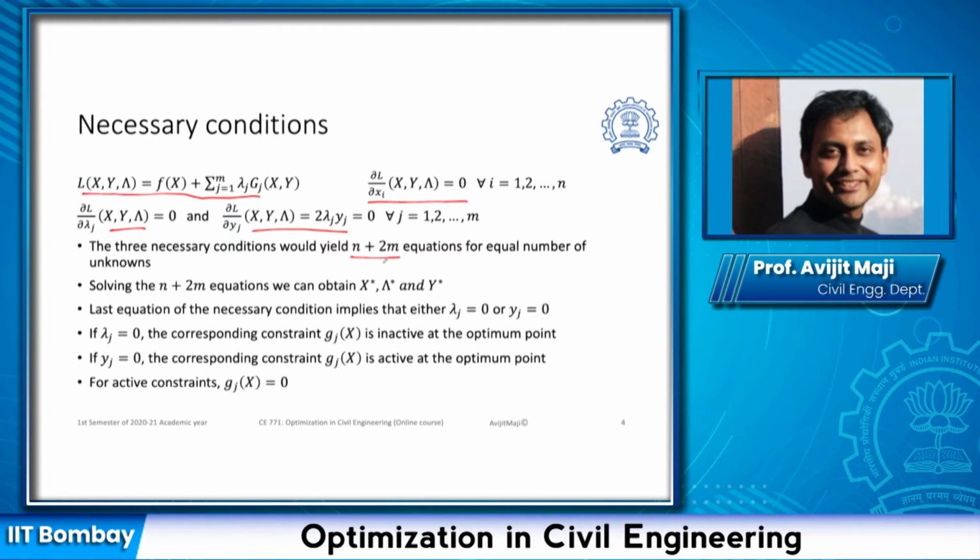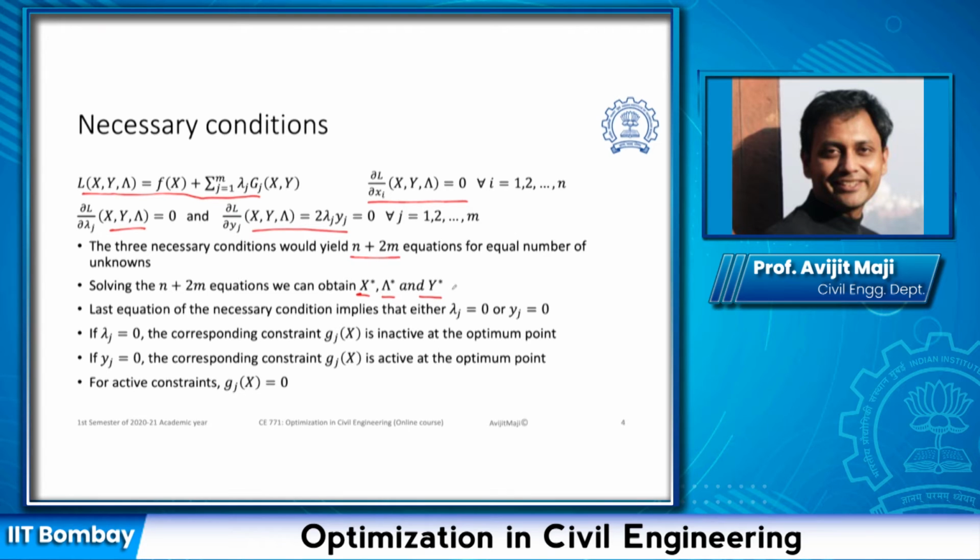So together we have n plus 2m unknowns. Solving these n plus 2m equations for n plus 2m variables, we can easily obtain the optimum solution vector for x, the Lagrange multipliers, and y, the slack variables.